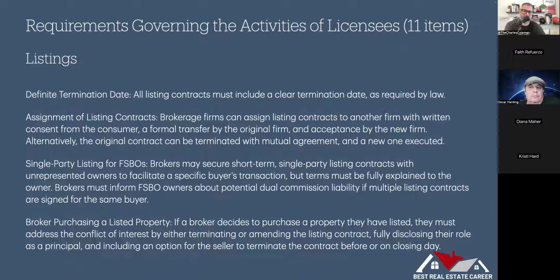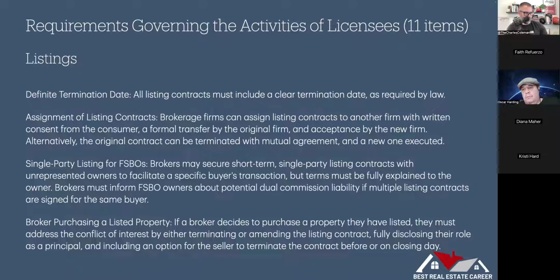So if you see anything around a single party listing, you represent the buyer. You are treating the FSBO, the for sale by owner seller, as a customer. What this also means is you have to let them know that there could be something around commissions, right? And all kinds of other stuff.